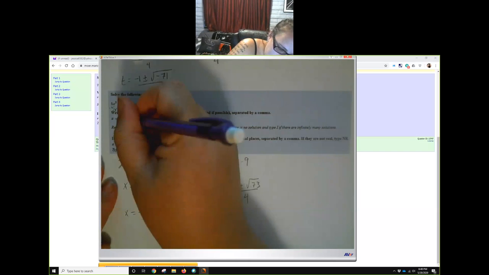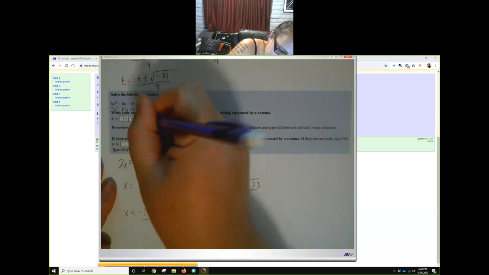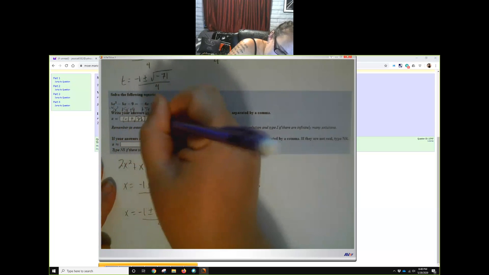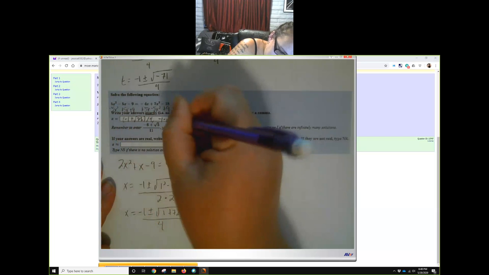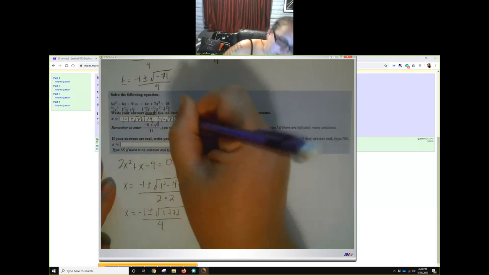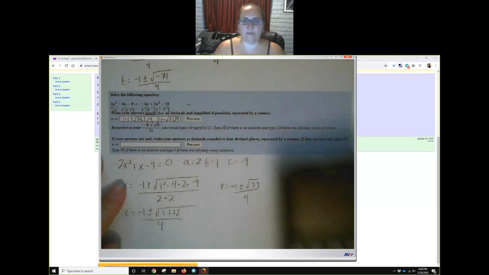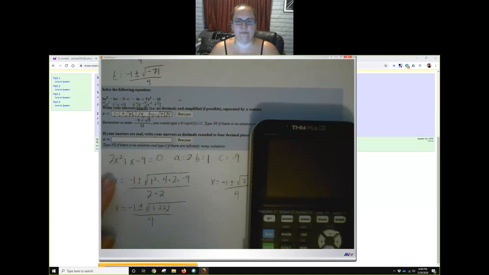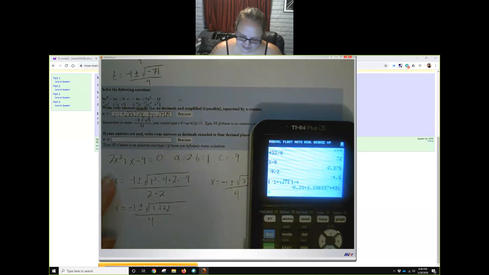So then this would be negative 1 plus the square root of 73 over 4, negative 1 minus the square root of 73 over 4. Parentheses, negative 1 plus the square root of 73. Remember to hit that over button. Over 4.